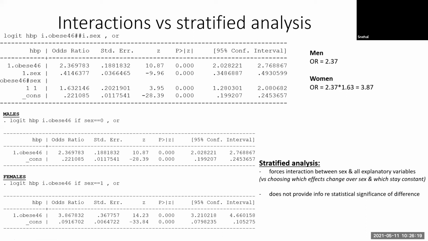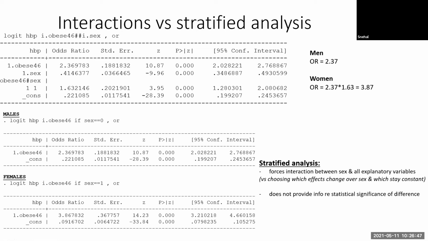So for example, if our regression equations contained socioeconomic position as a confounder, when I stratify my analysis and I consider only men or I consider only women, I'm forcing the effect of socioeconomic position to vary by gender. Whereas in my original analysis, I can decide whether a relationship should vary by gender or not.